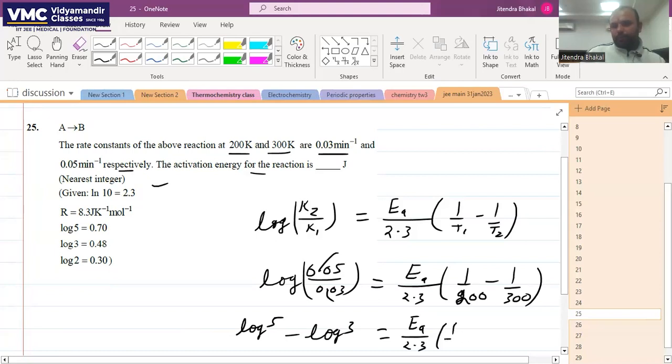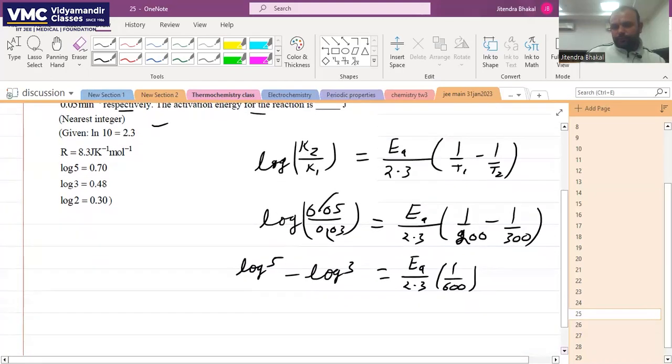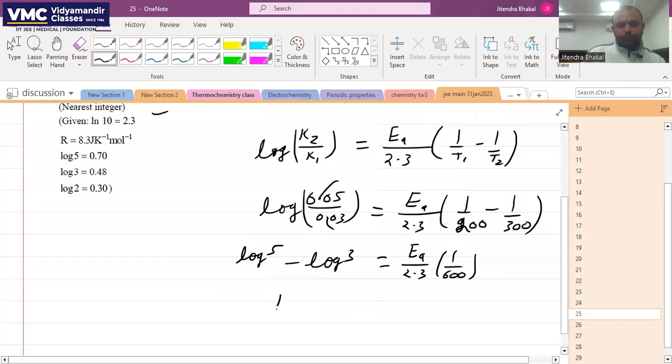So here we'll get 1 upon 600, the value of activation energy in the question is 2520. Now when we calculate, we'll get this value. So it is an easy question. Just all the values are given.